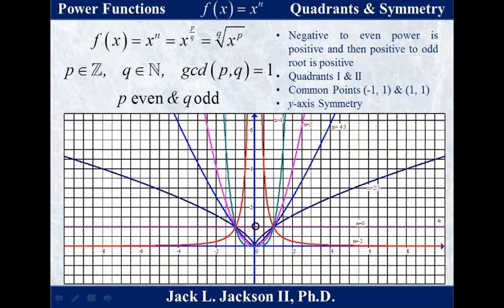N equals 0 straight across in this quadrant, flipped over straight across here, but remember it has a hole in the graph. Okay, you got increasing concave down in the first quadrant for when the power is 2/3. We flip it over, we get decreasing concave down in the second quadrant, and we get a minimum there.